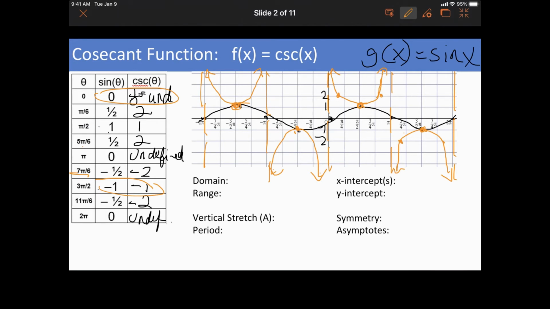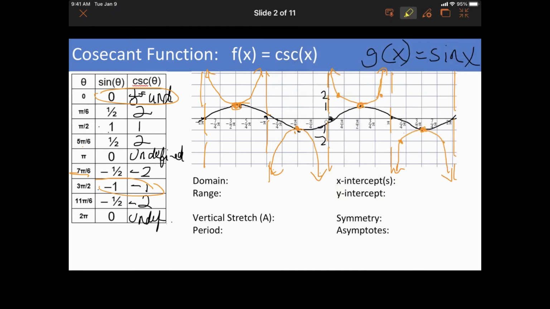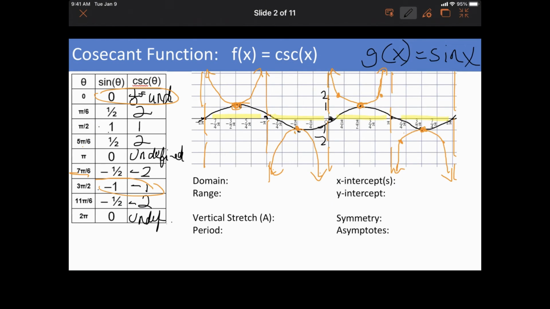All right, so this is a little bit more complicated, right? So let's look at our domain. So our domain, you can see that it is everywhere in between your asymptotes, right? So it's all real numbers.